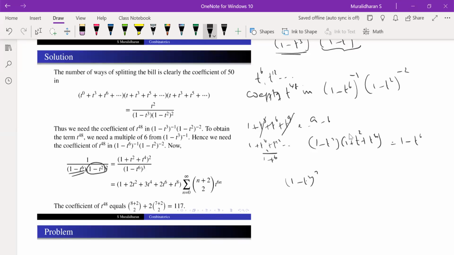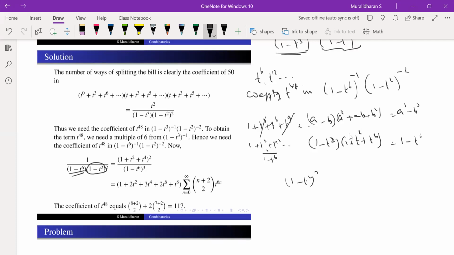You know this formula: a minus b into a square plus ab plus b square will be equal to a cubed minus b cubed. So I have 1 minus t square, a minus b, into 1 plus ab, which is t square, plus a square, b square, which is t power 4. This is what 1 minus t power 6 is.